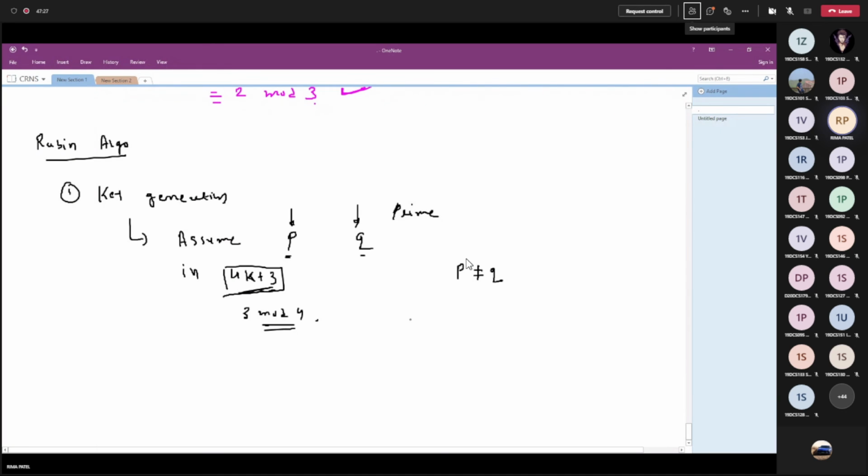Another condition is that the P and Q values should not be equal. This is the first step in key generation. The second step is N equal to P into Q. Next step is to announce or select the public key, that is nothing but the value of n.